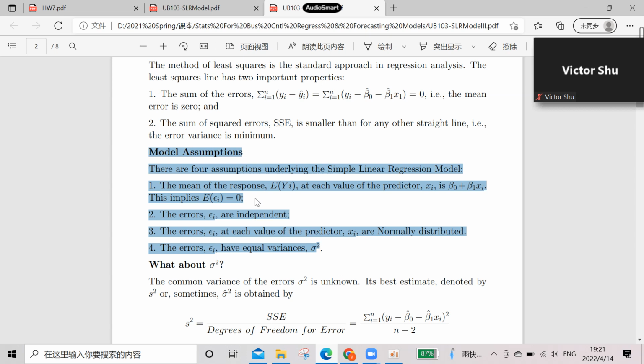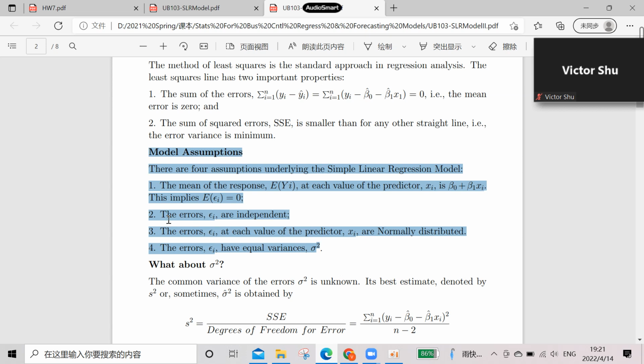First, the mean of all the residuals or the errors equals 0, and second, the sum of all the residuals squared is minimized under our model, which is a least squares model, as its name suggests.